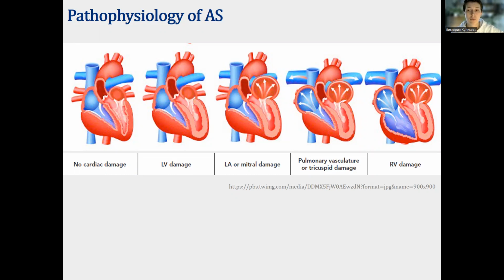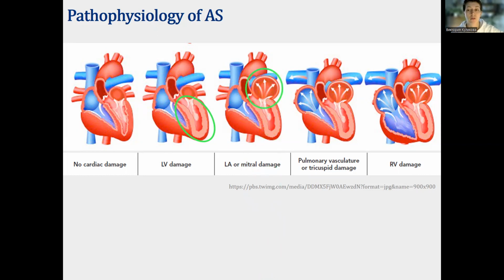Chronic pressure overload results in concentric left ventricle hypertrophy and diastolic dysfunction of the left ventricle that leads to left atrium or mitral valve damage.